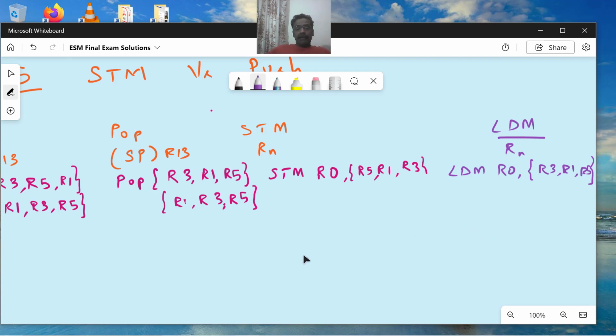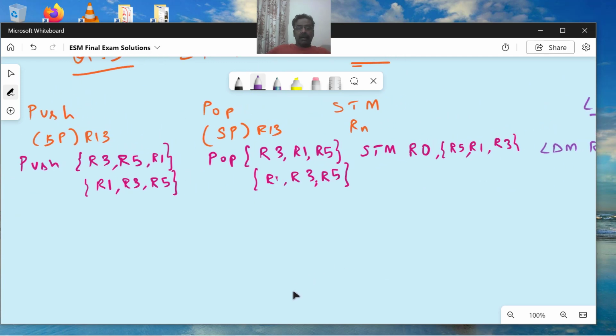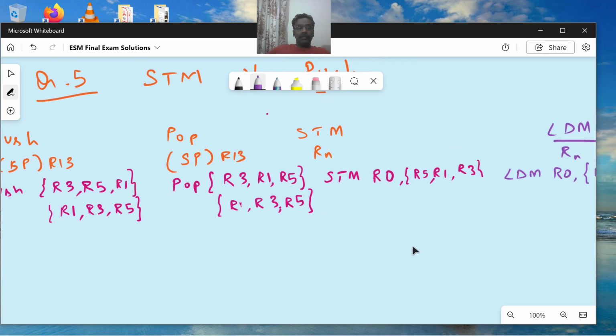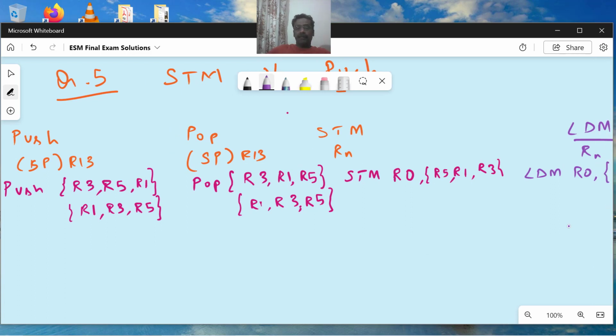Now let us compare how these instructions manipulate things. First thing we should know is which ones are writing into the memory and which are reading from the memory. Push is writing into the memory. It is pushing something into the memory, so it is writing register values into memory. Now what about pop?